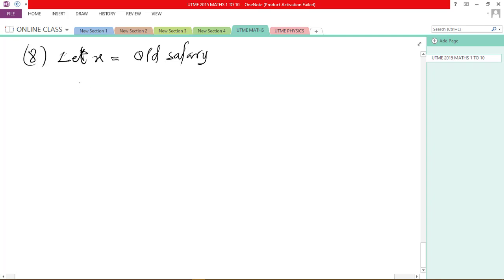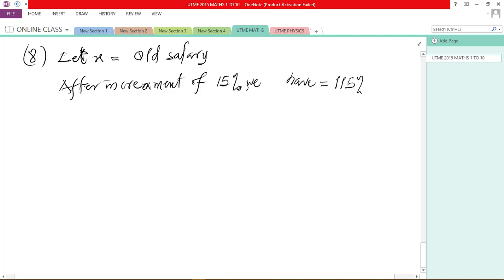Now we said after an increment of 15%, we are going to have 115% of x.